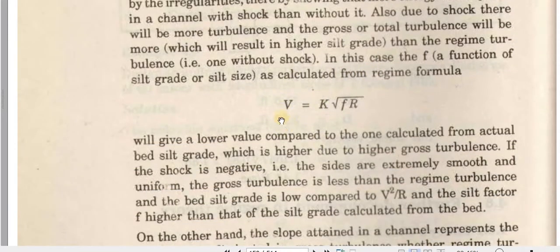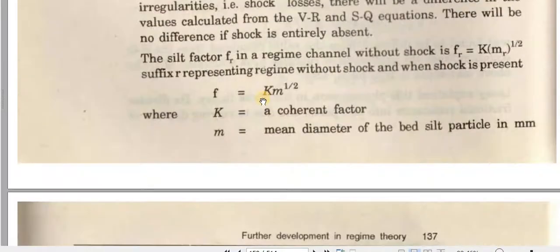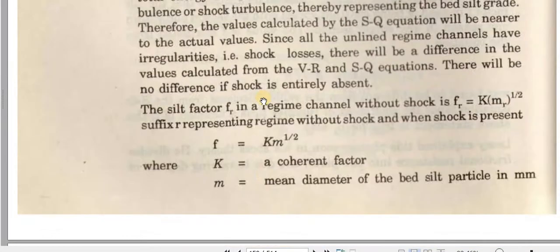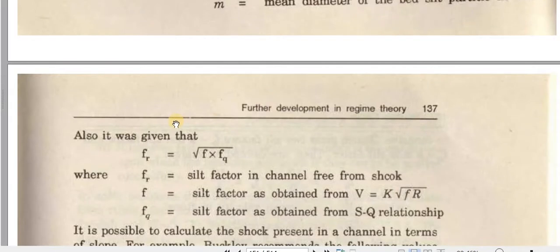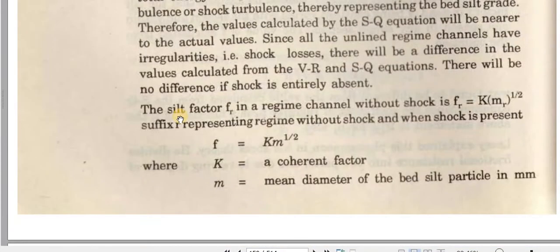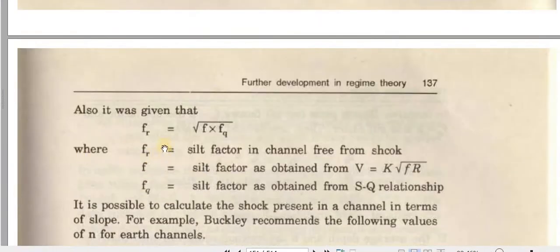He used the same equation, and he further developed two different types of factors. And what are the factors? Like he used F is equal to K m to the power 1 by 2. K is a coefficient, m is the mean diameter of bed side particle in millimeter. And second is Fr is equal to F into Fq under root.